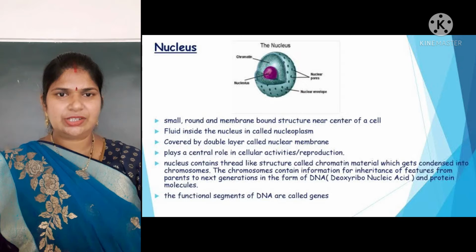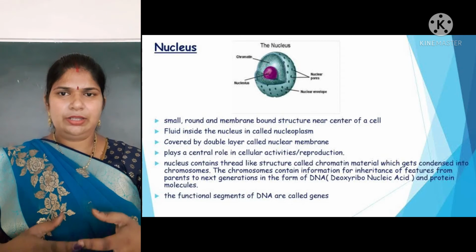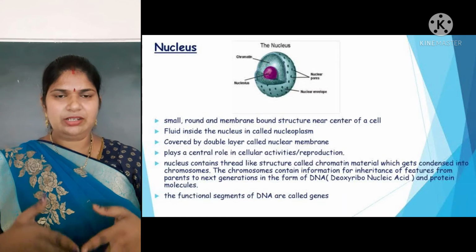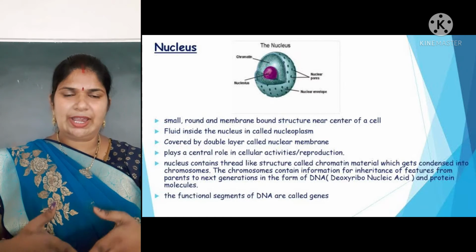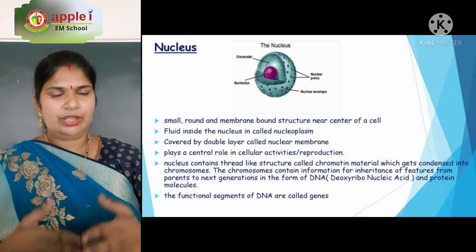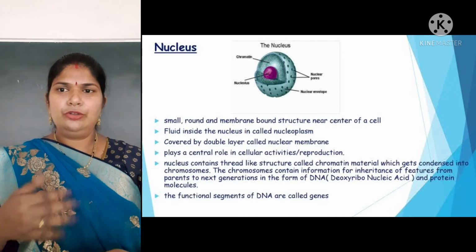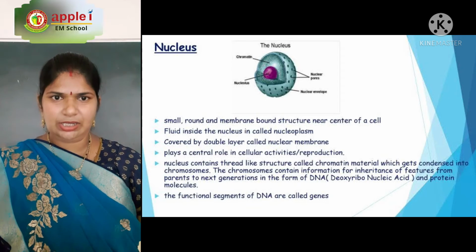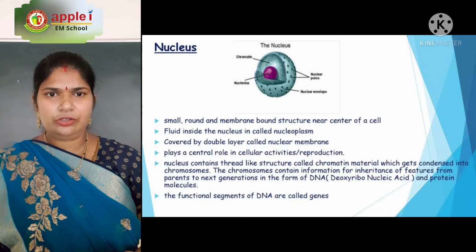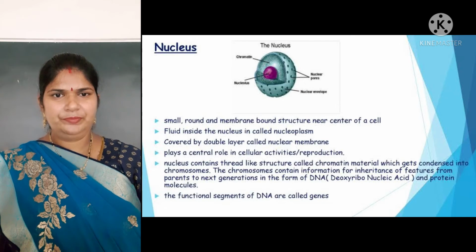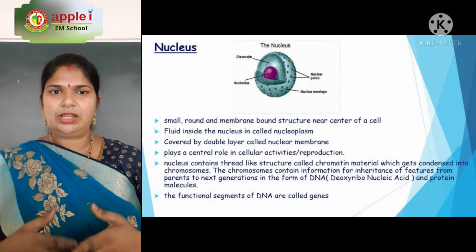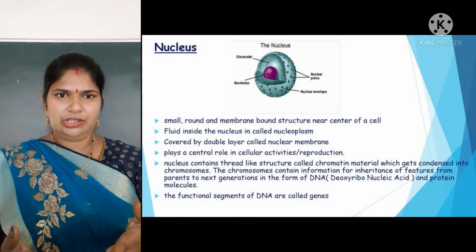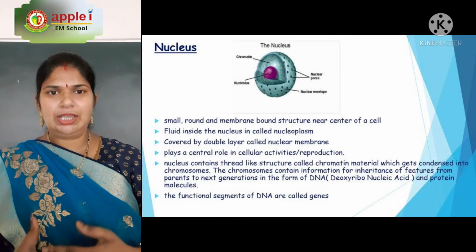The nucleus plays a central role in cellular activities like reproduction. The nucleus contains thread-like structures called chromatin material, which will be converted into chromosomes. These chromosomes carry information from the parent to the next generations in the form of DNA.